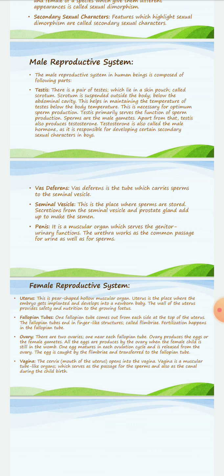Scrotum is suspended outside the body and below the abdominal cavity. It helps in maintaining the temperature of the testes below body temperature. This is necessary for optimum sperm production, and sperms are the male gametes. Apart from these, testes also produce testosterone, which is the male hormone.